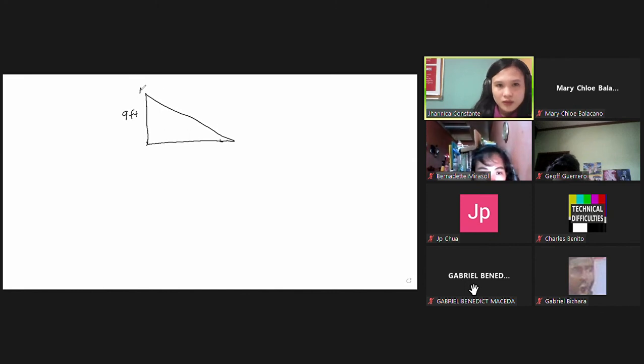Say this is the tree, this is the ground, and this is the man. The man is looking at the tree, forming an angle of elevation equal to 15 degrees. We're going to find the horizontal distance between the tree and the man who is standing.